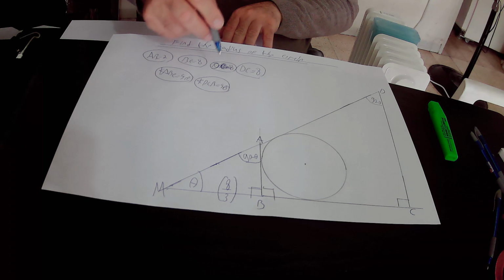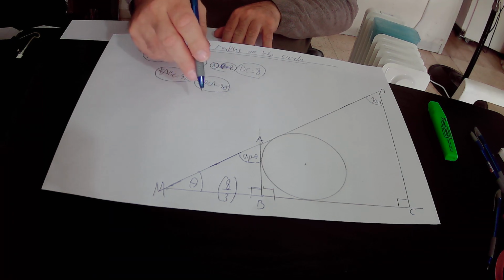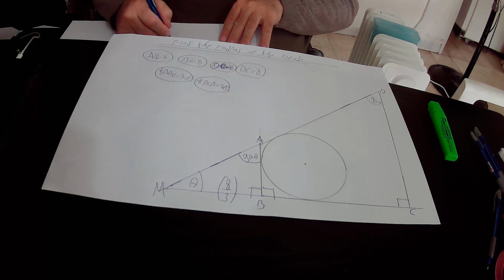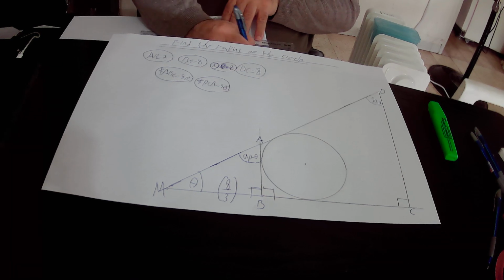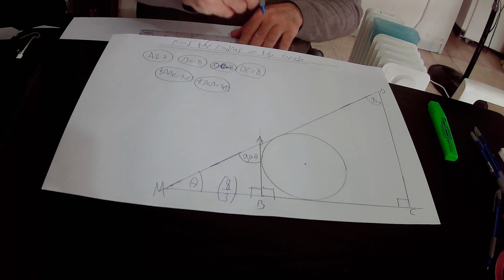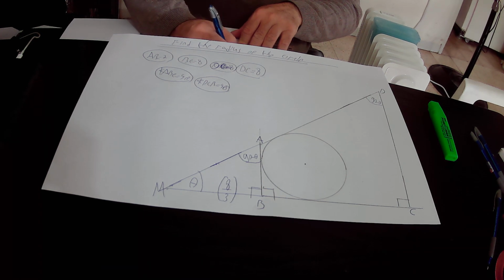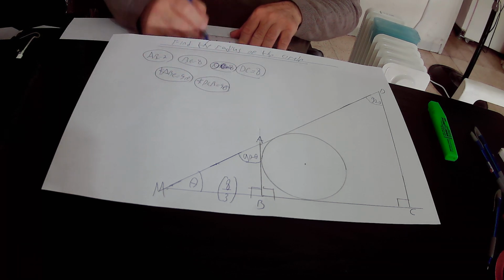The hypotenuse in the right triangle MBA is MA, so the square of the hypotenuse is MA squared, and it must be equal to AB squared plus BM squared.